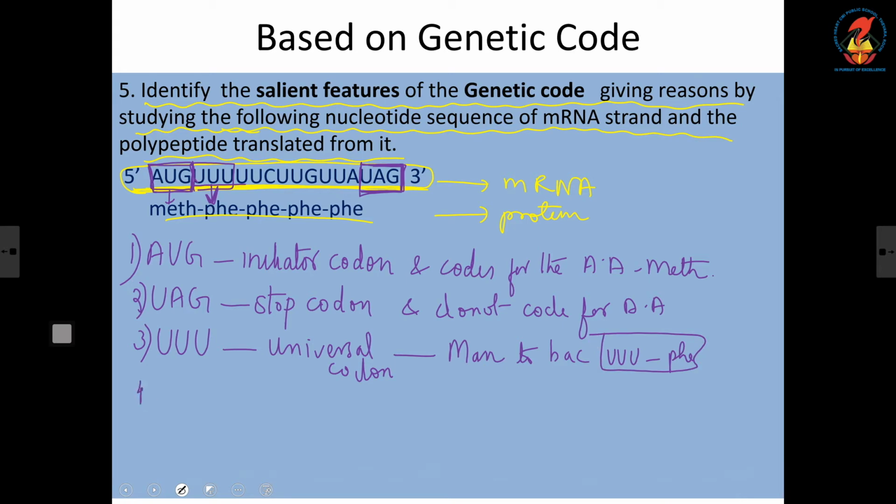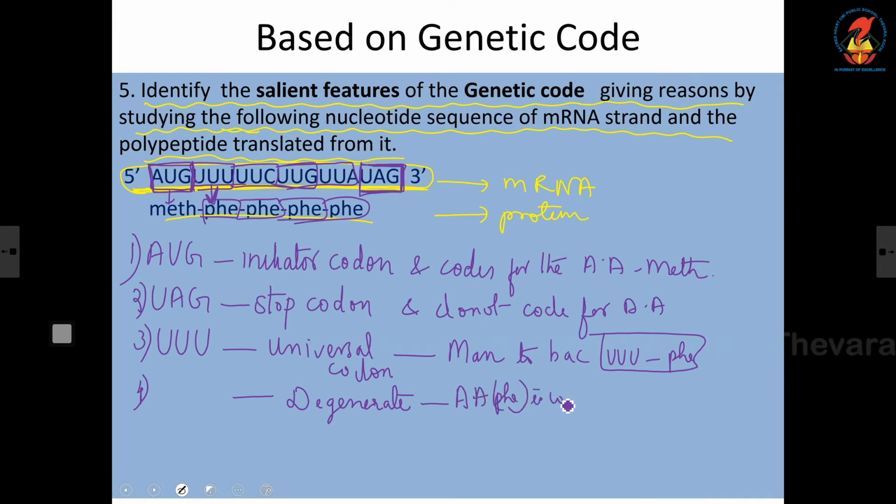Then another feature you can see is, you look at this, the same amino acid phenylalanine is coded by different codons. Look at the codons UUU, UUC, UUG, UUA. So, this explains the feature called degenerate, which states that some amino acid, here the amino acid phenylalanine, is coded by more than one codon.